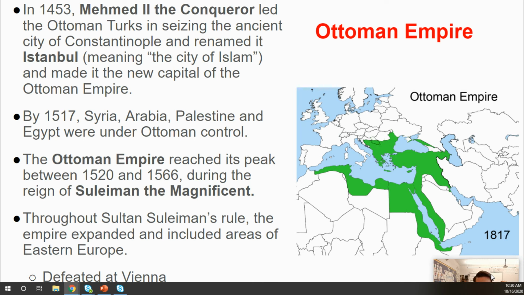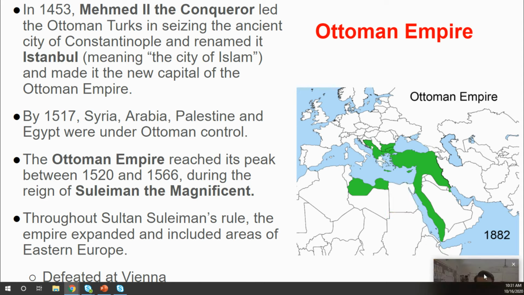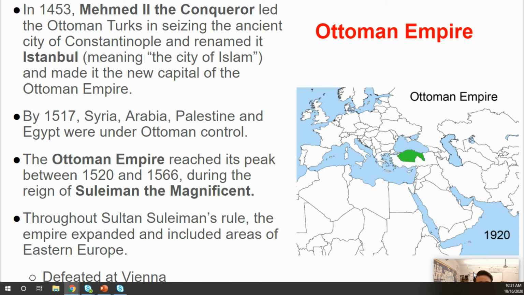I'll have to show at some point the cannons that were used to destroy the walls. They put the city under siege and kept bombarding the walls of Constantinople, and it still took a very long time, to the point where the Ottoman Turks were able to enter the city and take control.